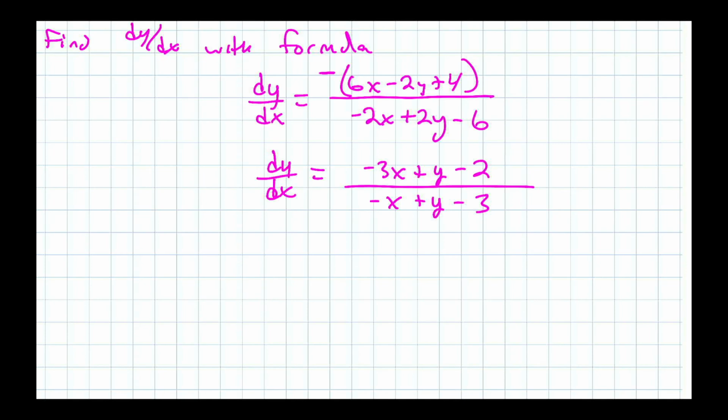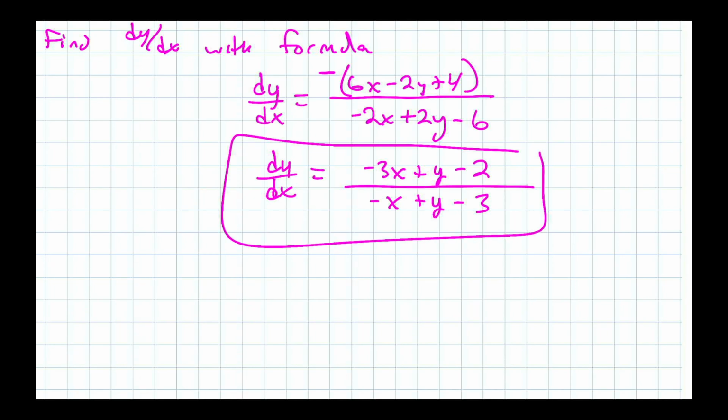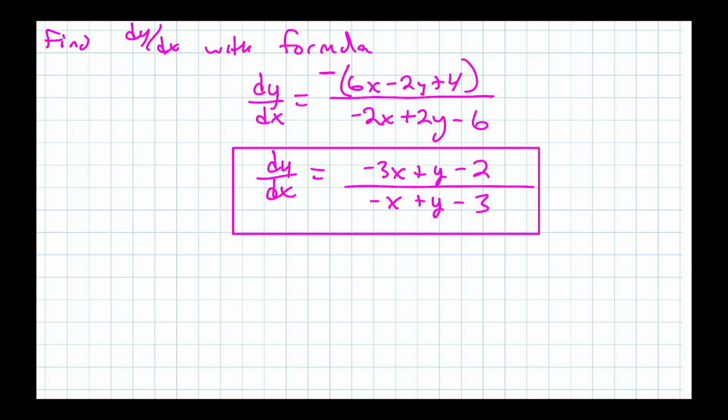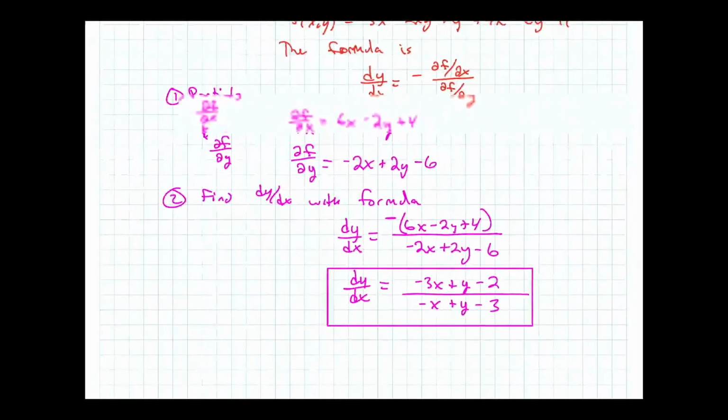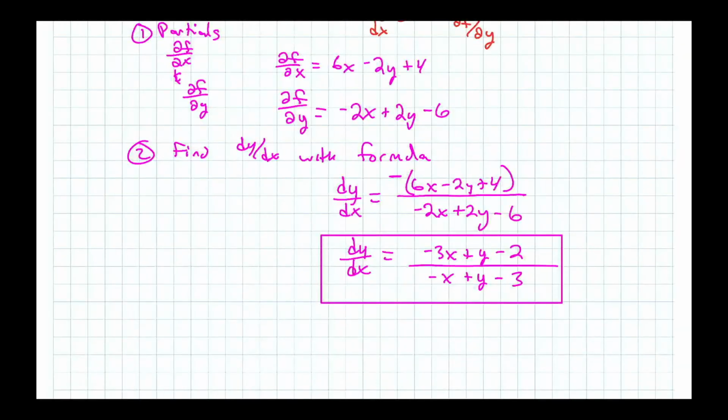So I tried to put in the negative on top and also cancel a 2 at the same time. And there you go. But that was not hard, right? This should have been technically easier than anything we've done up till now.